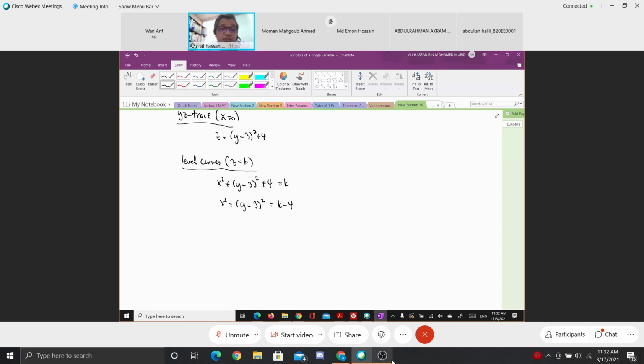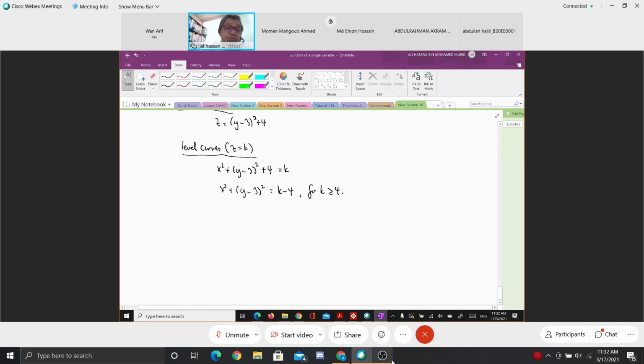And here certainly we must choose k greater than or equal to 4, because k minus 4 must be greater than or equal to 0, because x squared is always positive. So that means k can only take values greater than or equal to 4. These are circles. So the level curves are circles centered at (0, 3) with radius square root of k minus 4.